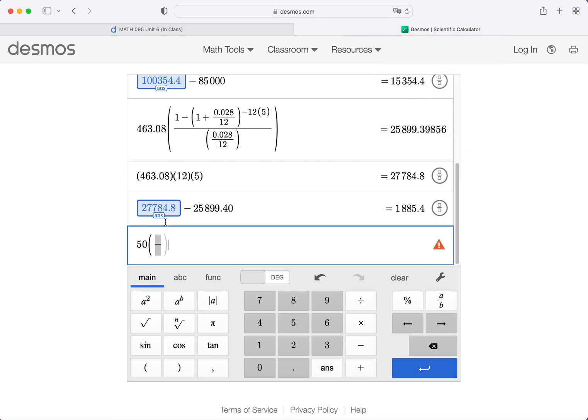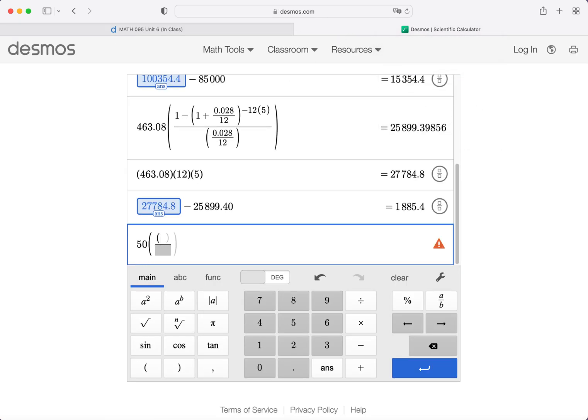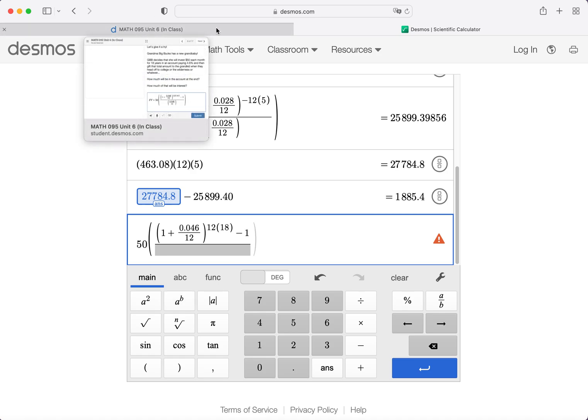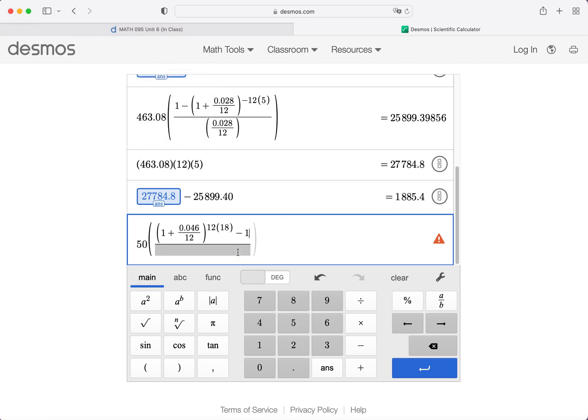Up here, we can open another set of parentheses, 1 plus another fraction, 0.046 over 12. Close that set of parentheses. You can use this a to the b feature to get an exponent. We need 12 times 18 up there. And then I think the next part is -1, but I'm going to jump back and double check. Yeah, it is.